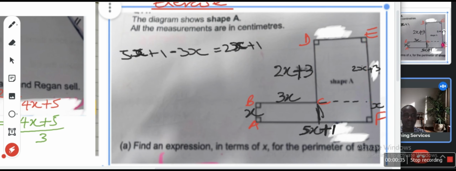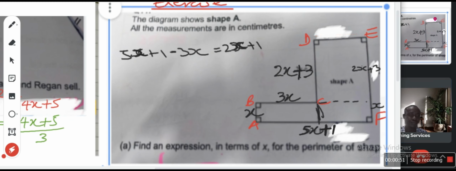That's correct. But you haven't found D to E. You need to find D to E.